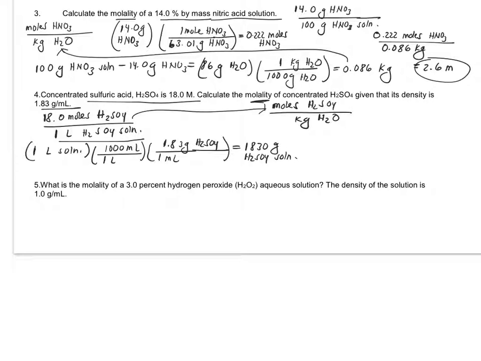Now if I convert the moles of H2SO4 to grams, I'm going to multiply it by the molar mass.